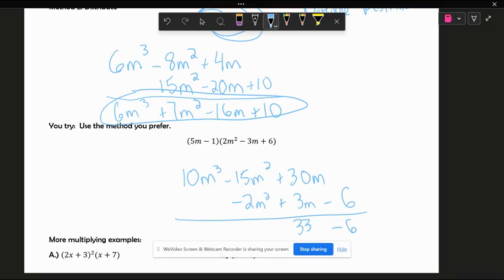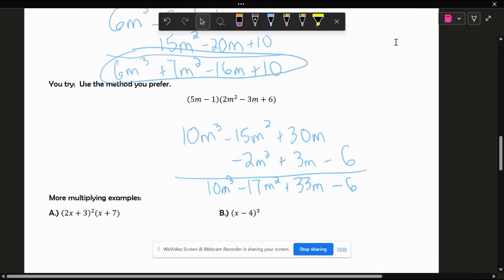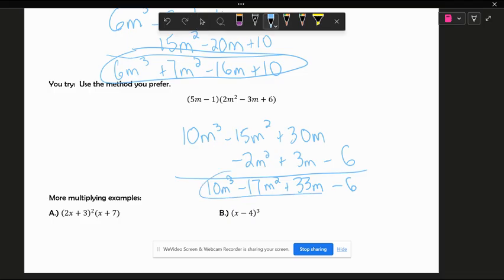Either method, you're going to get the same 6 terms to begin with. And we should have gotten 10m cubed minus 17m squared plus 33m minus 6.